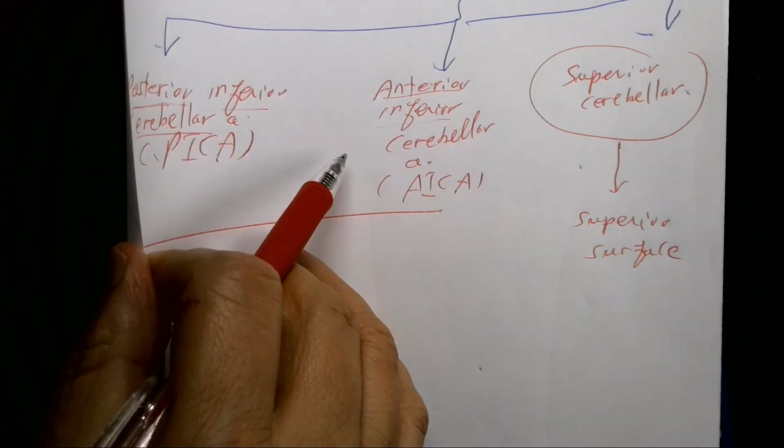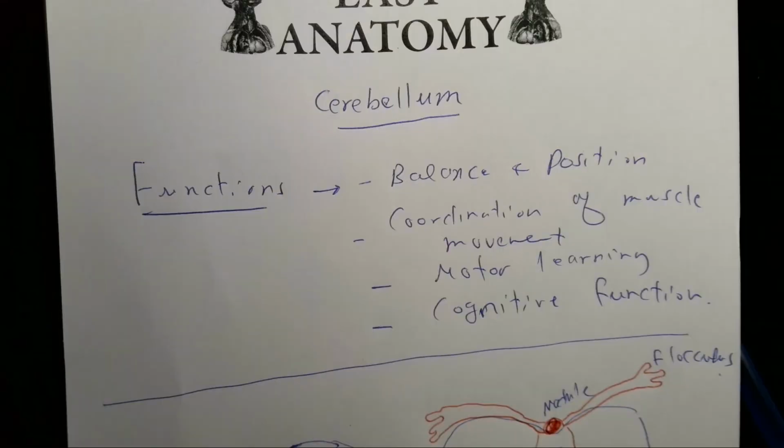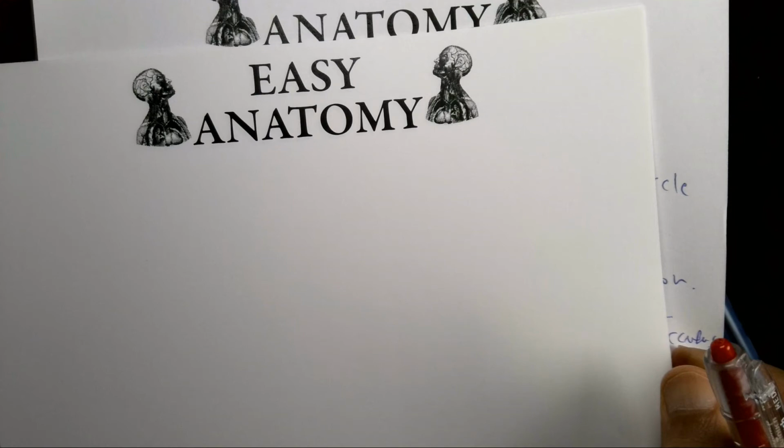Cerebellar syndrome is called ataxia, and ataxia refers to failure of coordination of the movement. So the movement becomes not well coordinated. So what is ataxia?